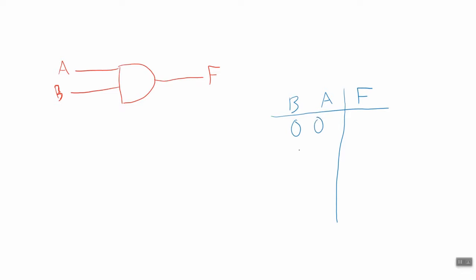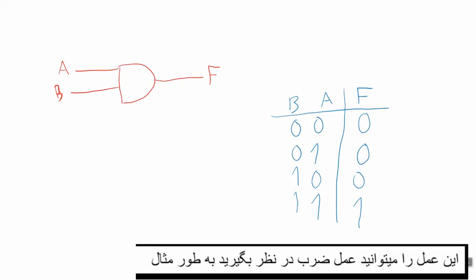Zero zero, 0 1, 1 0, 1 1. AND of 0 and 0 will be 0. AND of 0 and 1 will be 0. AND of 1 and 0 will be 0. 1 and 1 will be 1. And you can consider it as a multiply.